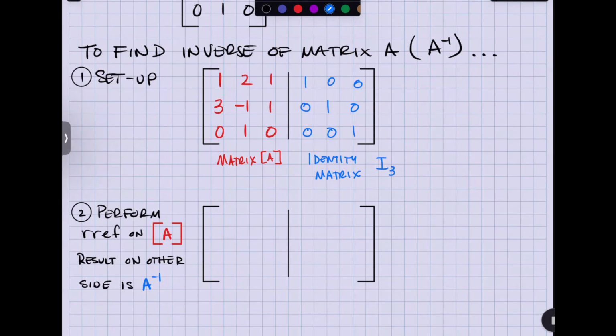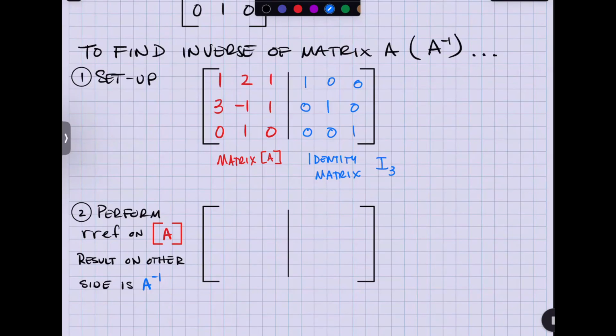On Tuesday, the first thing we were trying to do was REF or RREF. Is that right? And when we did RREF, the left side became 1, 0, 0, 1. Or I should say, the major diagonal became 1s, and everything else became 0s for RREF. That was the identity matrix.